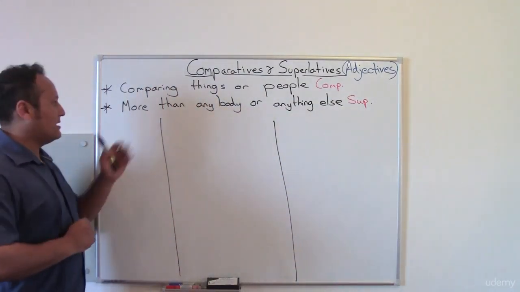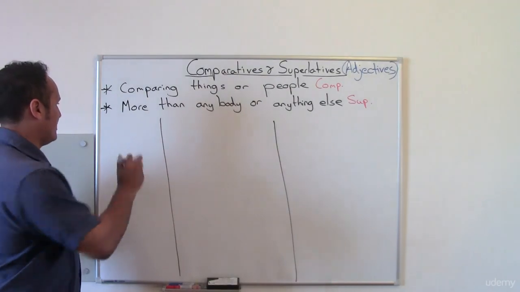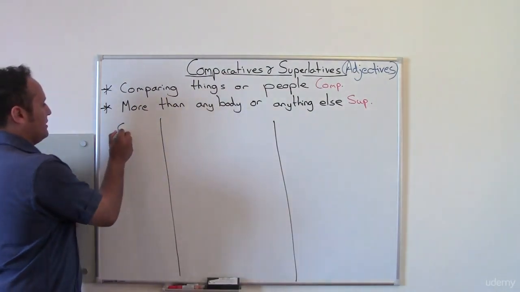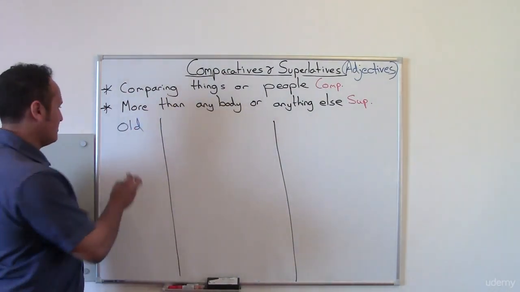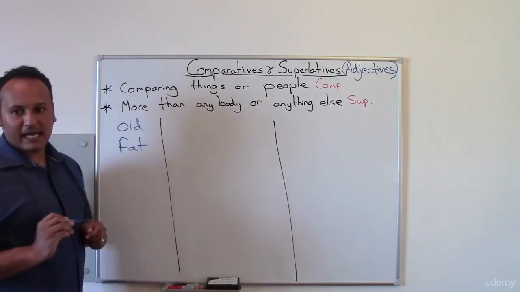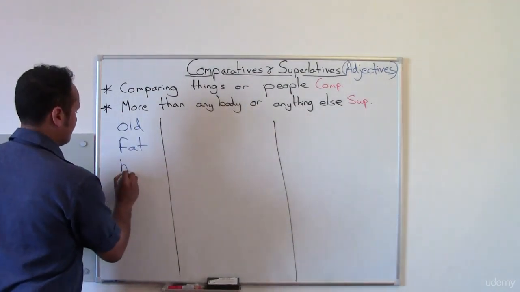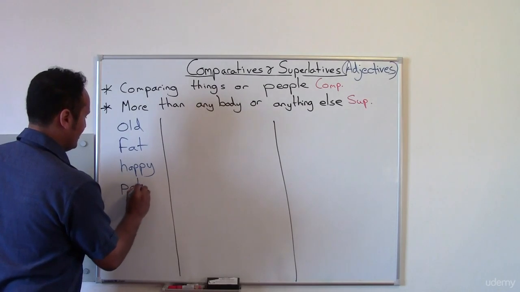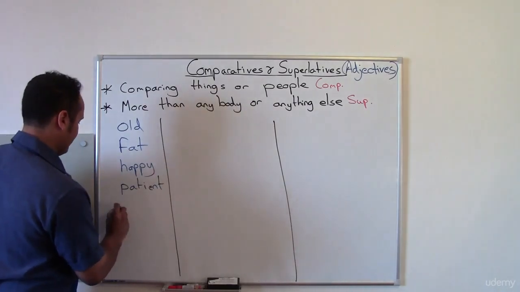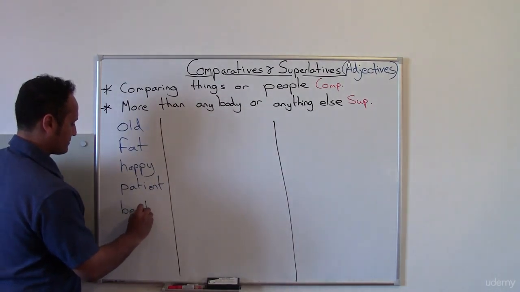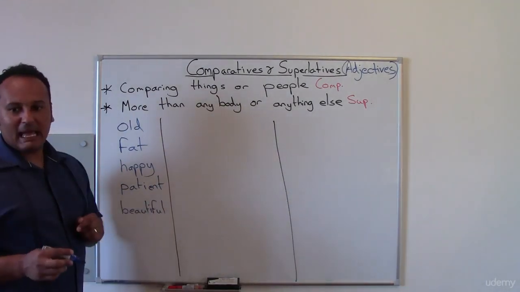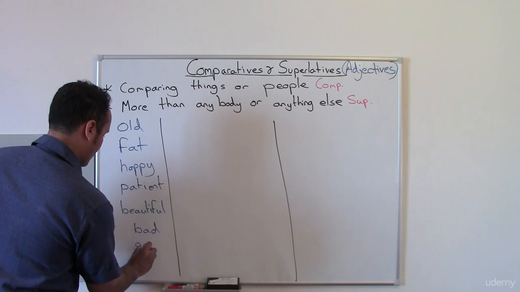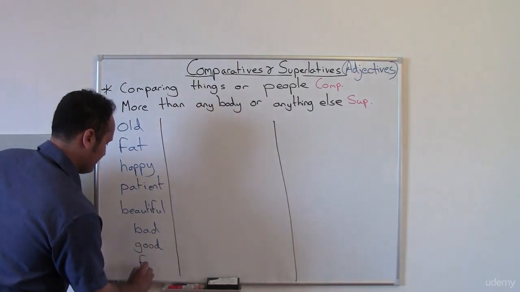So, I'm going to list a number of adjectives for you. Okay, we're going to start with, change my colour of my pen. We're going to start with old. Okay, old, fat, happy, patient, all of these are adjectives, beautiful, and we'll end with bad, good, and fun.